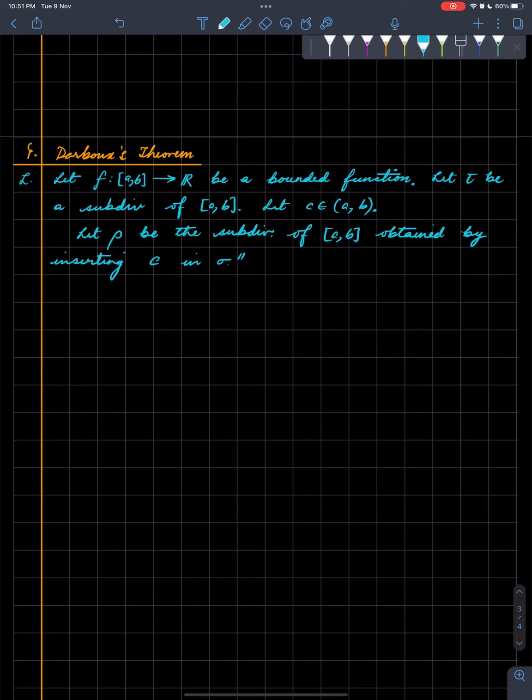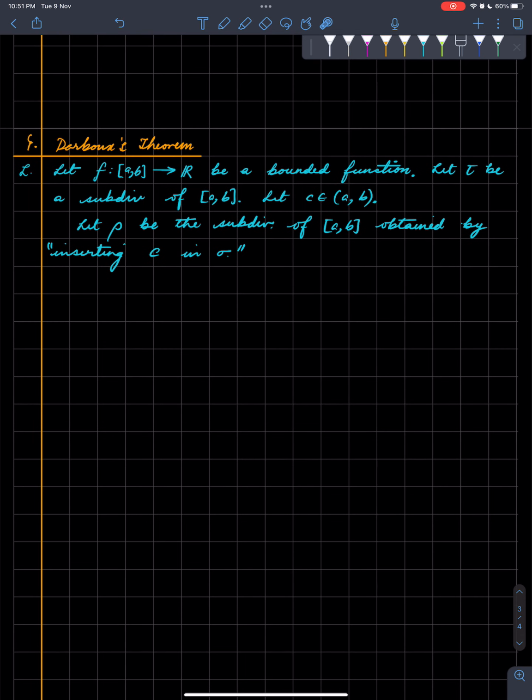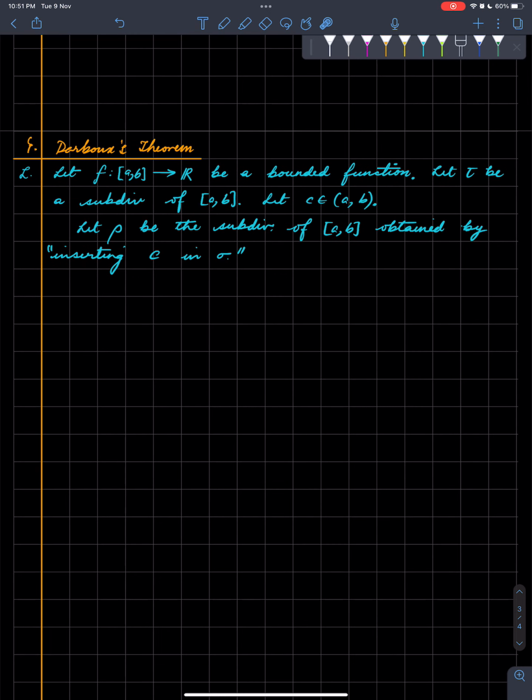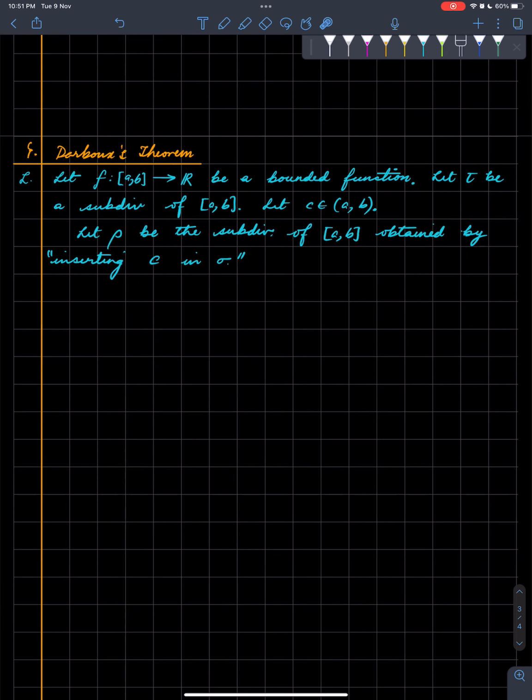So this is a kind of informal phrase, but what does this mean? This just means that you take sigma, whatever bunch of numbers there are in sigma, you just put c and make a new subdivision. So that's what this means. So it is a refinement of, no, I said sigma where I meant tau. So it is a refinement of tau, right? And so rho is obtained by just inserting c in tau.